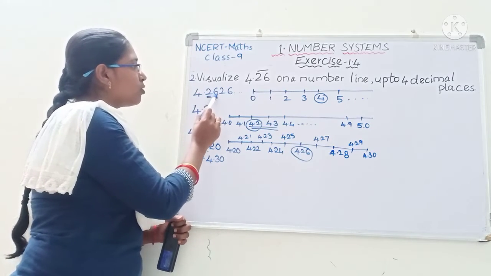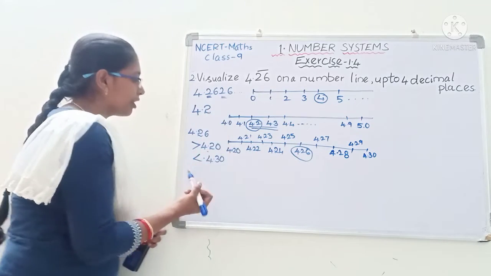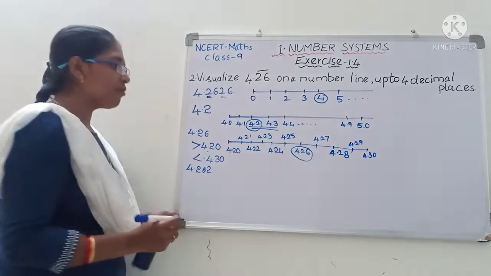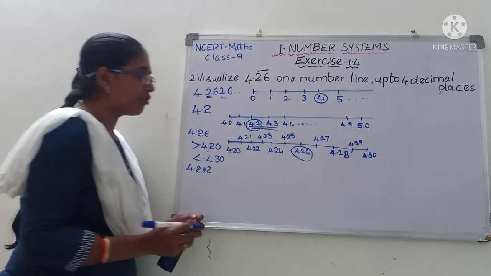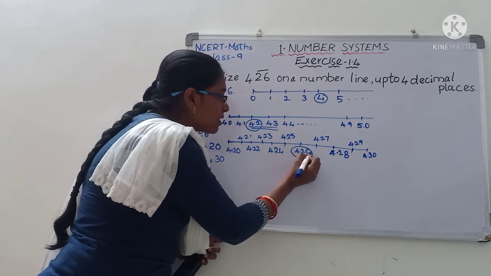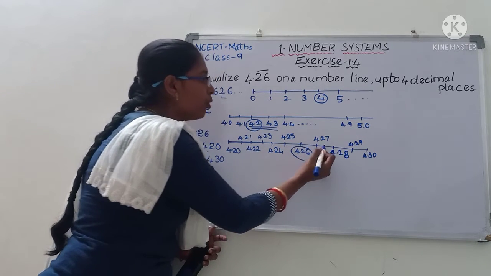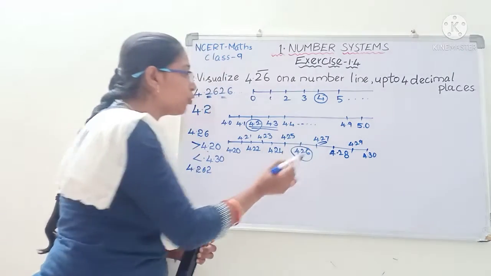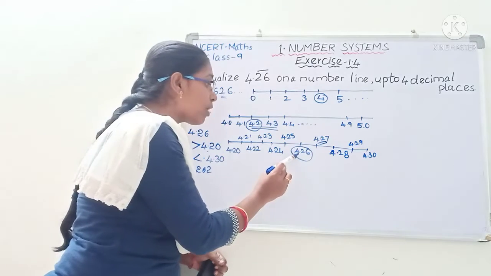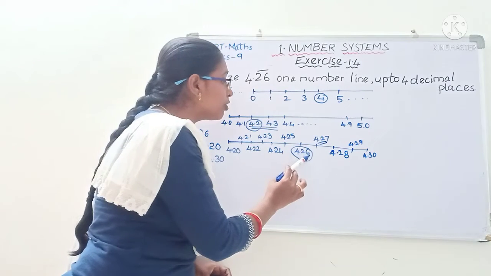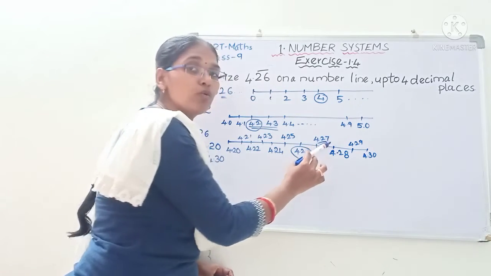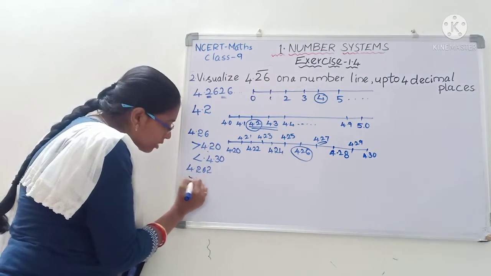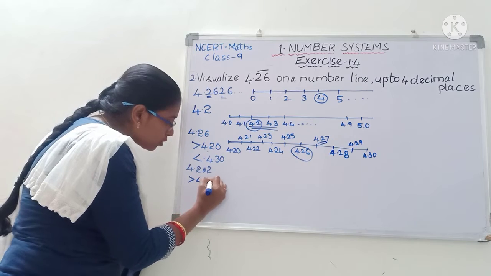Now after 4.26, let us assume another decimal place again. 4.262. Where will 4.262 be, children? After 4.26, that is 4.260, and before 4.270 you can find 4.262. So let us divide the line segment between 4.260 and 4.270 into 10 equal parts. 4.262 is greater than 4.260.